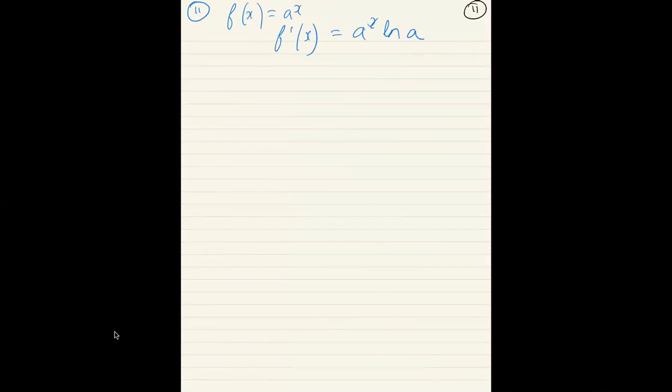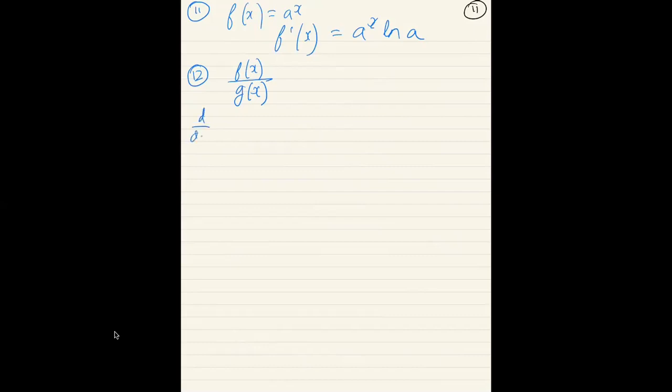And the final one is similar to the product, but now we have a quotient, f of x divided by g of x. How do we differentiate this? If you forget, you can directly calculate it by using the formula for the product rule and the chain rule.